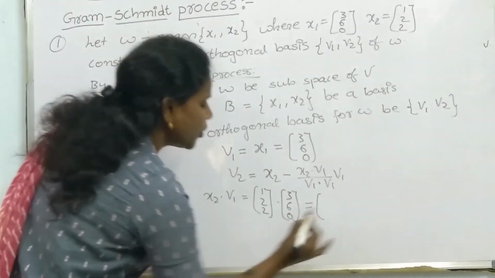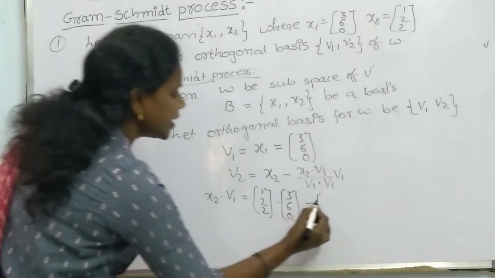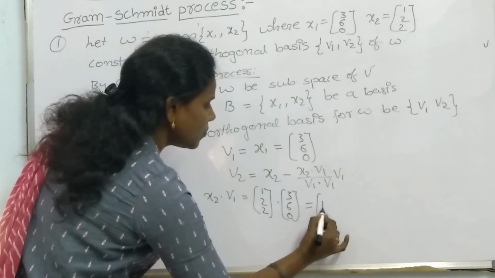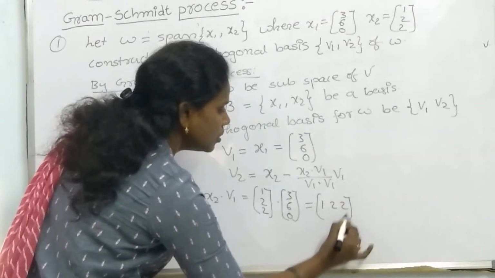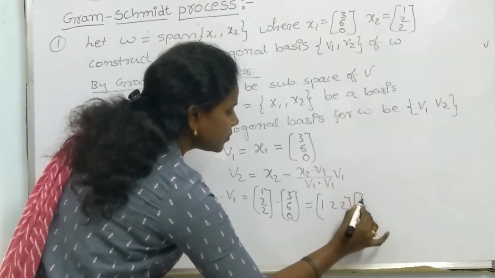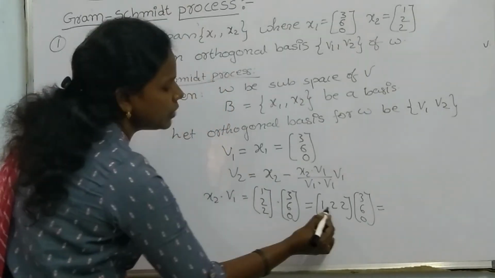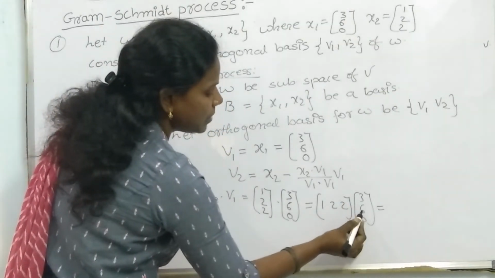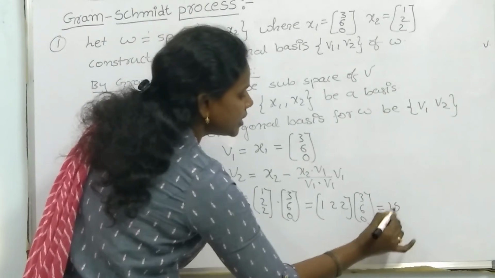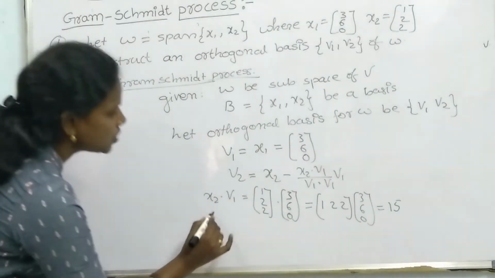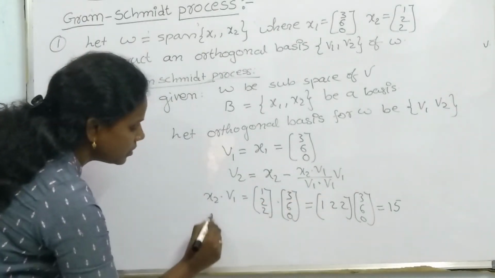How can you do the inner product of two vectors? Transpose the first vector, (1, 2, 2), into (3, 6, 0). So if you do the inner product, it will be 1 into 3 plus 12 plus 0. So finally it is 15. Next find V1 dot V1.